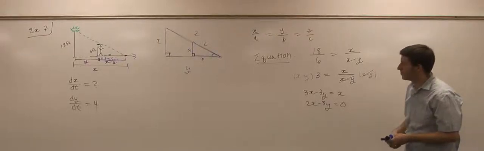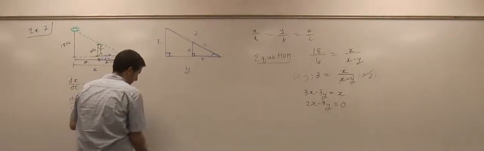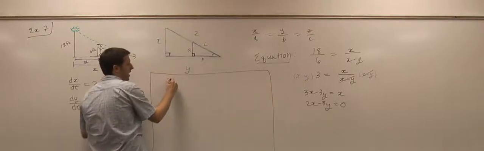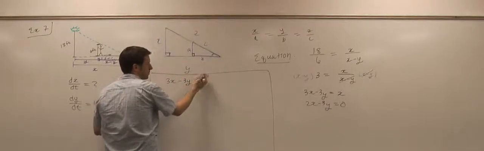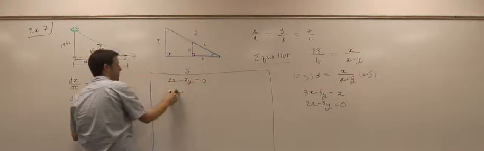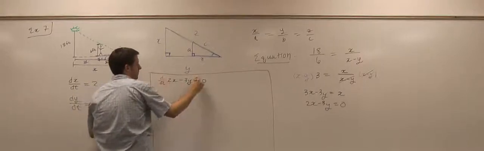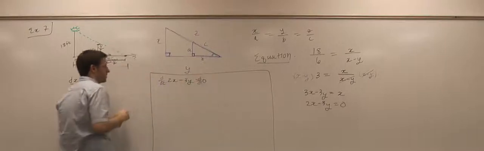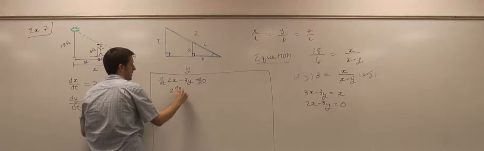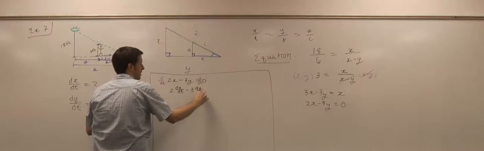So I do it. 2x minus 3y equals 0. Take the derivative with respect to time on both sides. So 2x becomes 2 dx/dt minus 3 dy/dt equals 0.